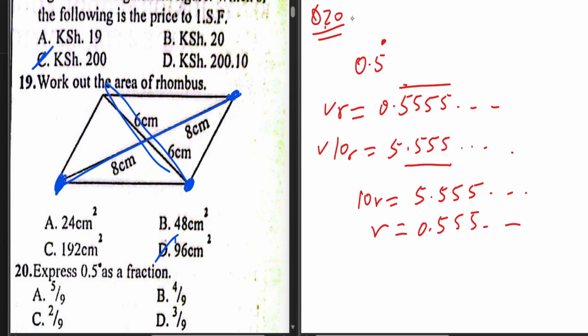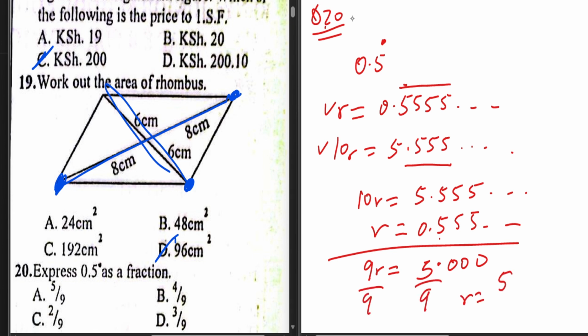So subtract these two, 10r minus r, 9r, 5. This one becomes 0.00. So 5 minus 0 is just 5. Divide by 9, and therefore r is 5 over 9. Very simple. Easy peasy. So we're remaining with section B, and hopefully we're going to finish the whole paper today.